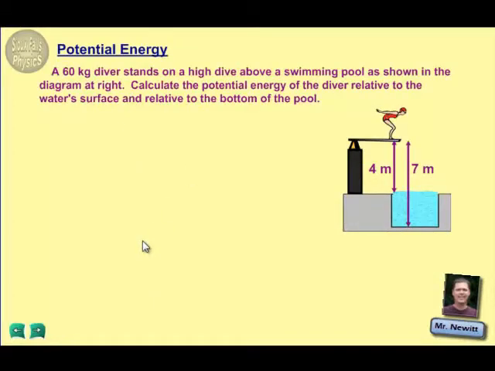And remember, our equation for potential energy looks something like this. Potential energy is equal to the mass of the object times gravity multiplied by its height. Now, again, we have to take into account what we're measuring the height from. So for this first part, we're going to do it relative to the water's surface.